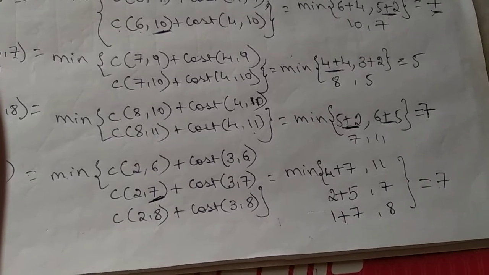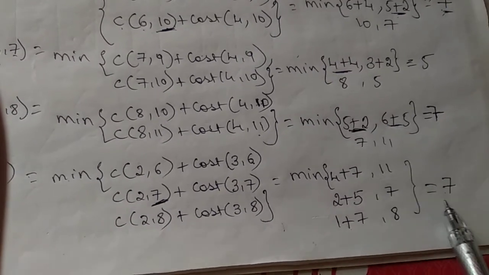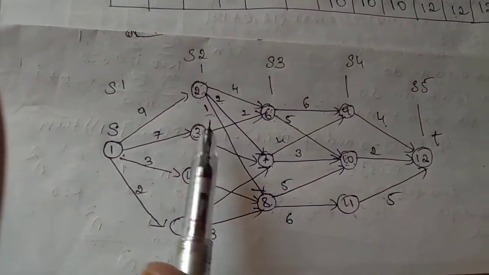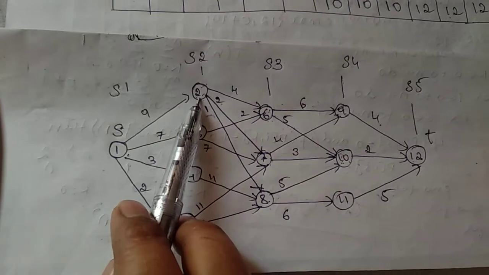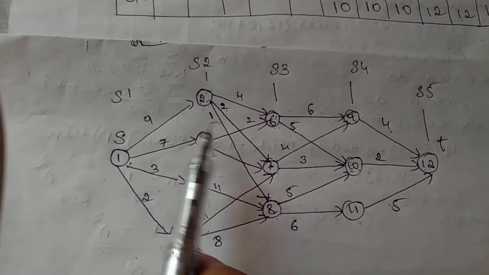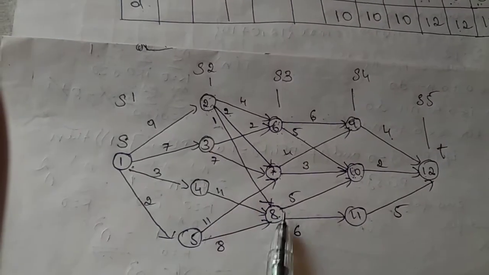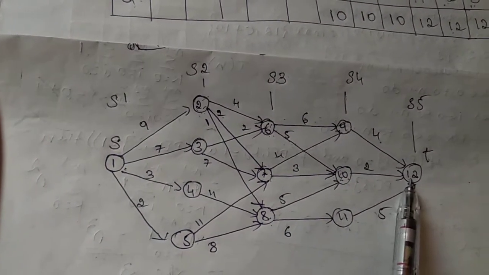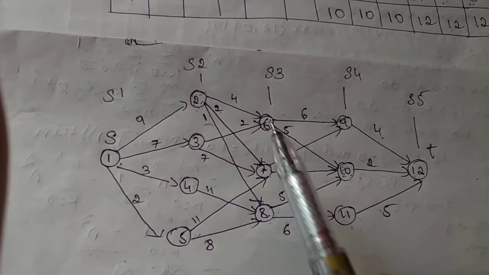Only 7. On 7, the minimum value I am reaching is 7, that is from 2 to 7. Visually, from 2 to 8 is minimum, 1, but this will give you the highest value towards the destination. So you only have to check with respect to the formula.